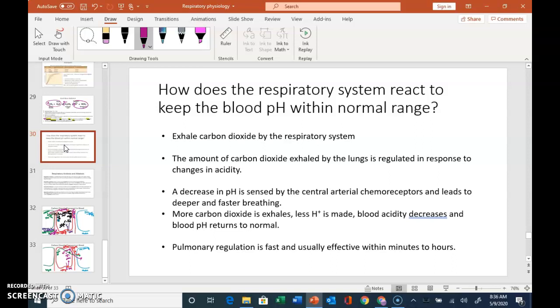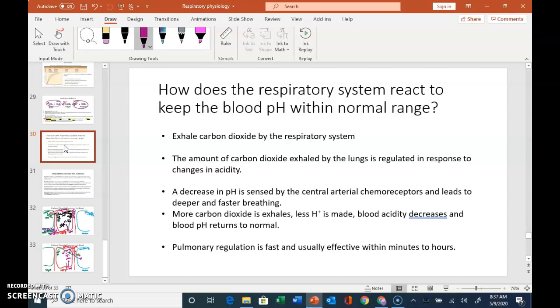Now, how is that possible? There are central arterial chemoreceptors in the central nervous system, which are stimulated by a decrease in pH. So as the pH falls below 7.35, the central arterial chemoreceptors sense it, and they then send out a motor command to the muscles of the thoracic cavity, and that leads to deeper and faster breathing.